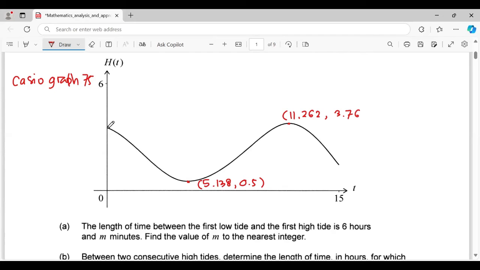And it's supposed to be this graph like this, okay?